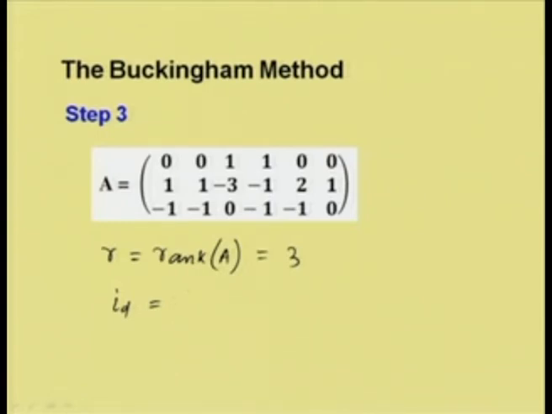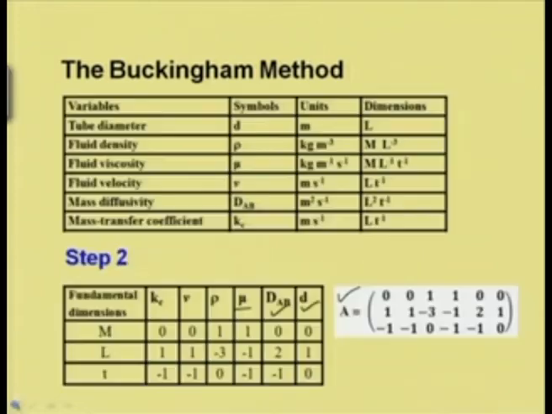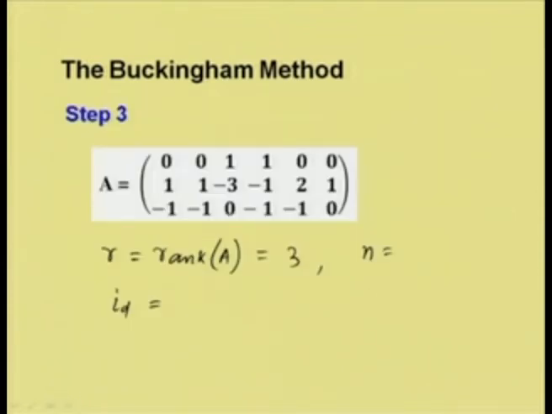If we go back, we can see there are 6 variables we have considered for this system. So, n is 6 and rank of the matrix R is 3. So, Id is n minus R, so it will be 6 minus 3 is equal to 3. So, there are 3 dimensionless groups for this particular system.